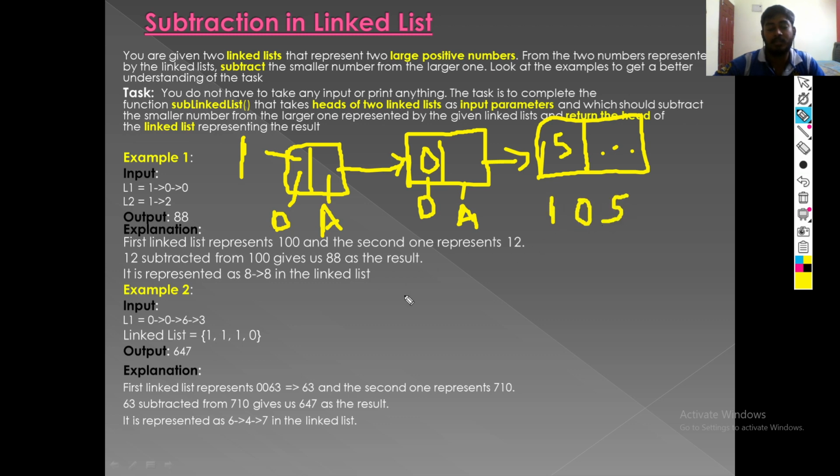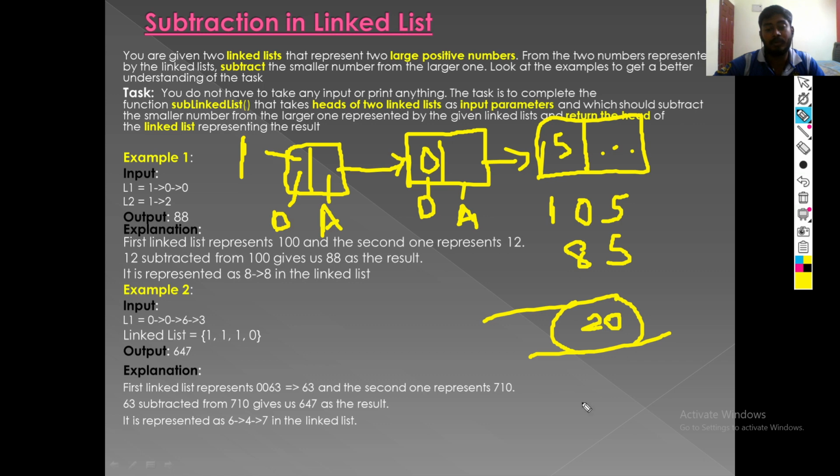Likewise, in the other linked list we have a value of maybe 85. By subtracting these we get a value of 20. This is how we have to give the output, but this 20 also we have to make as a linked list.